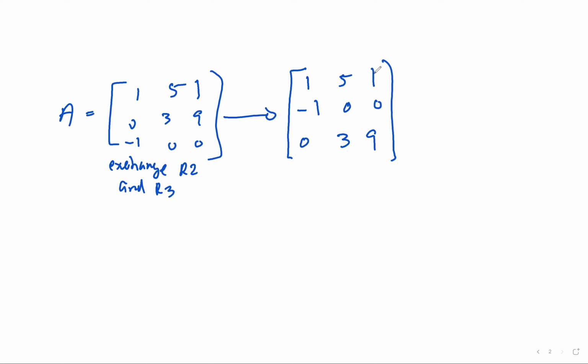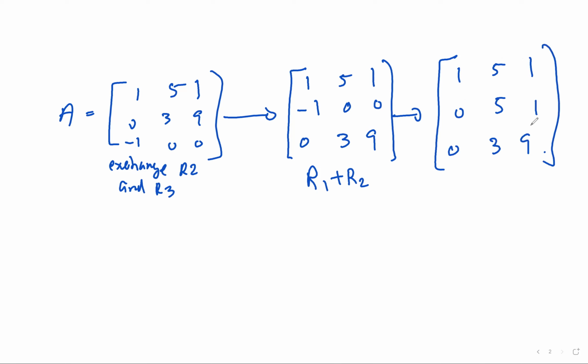Now we have this one, and then what we do is we take row 1 and add it to row 2. When we do that, what happens? Add those two. So we write row 1, and then for row 2, you write 0, 5, 1, and we repeat row 3 the way it is. Now we are looking here, and we can see that we have 5 here.